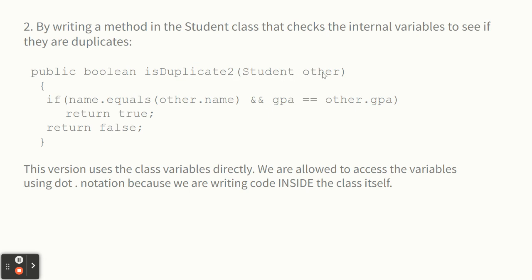So you have Student s and you call s.isDuplicate2(t). Because it's inside the Student class, the code can just access the variables like this: name.equals(other.name) and gpa == other.gpa. Then they're duplicates. Otherwise, they're not.